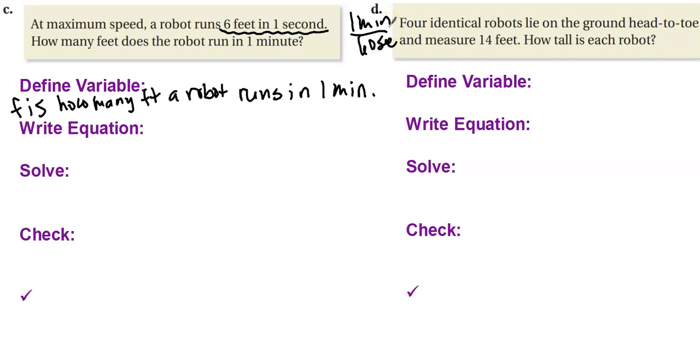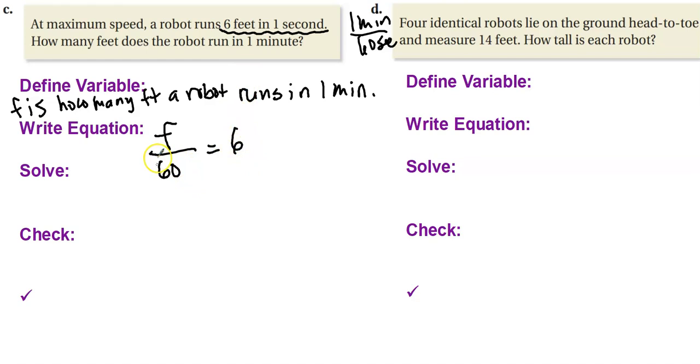And so I'm trying to figure out how fast it runs in 1 minute, do you think I should multiply by 60 or divide by 60? So what I'm going to do is take the number of feet a robot runs in 1 minute, and I'm going to divide it by 60 because I know there's 60 seconds in a minute, and this has to be equal to 6.